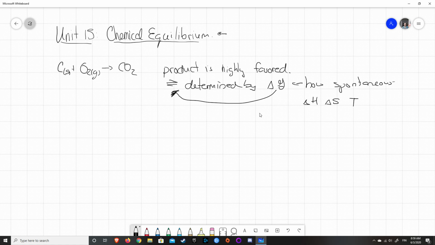So it depends on multiple different factors. This reversibility depends on delta H, delta S, and temperature. So it depends on specific conditions of the reaction, and also how much heat is liberated by the reaction, how much additional disorder is liberated by the reaction. So we can control the temperature, but this depends on the chemical reaction that we're observing.